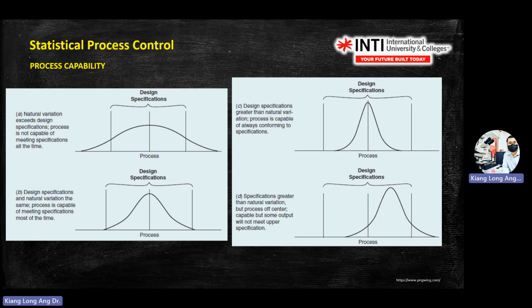So this process is capable of meeting specification most of the time. But if you pull the standard variation in, say 2 sigma here and 2 sigma here, the process is not capable of meeting specification all the time, because you are narrowing the acceptable values. Here to here is the acceptable range.